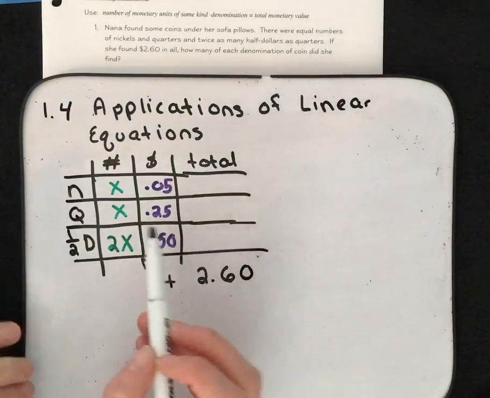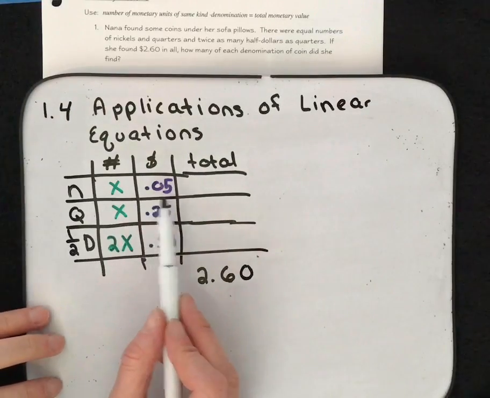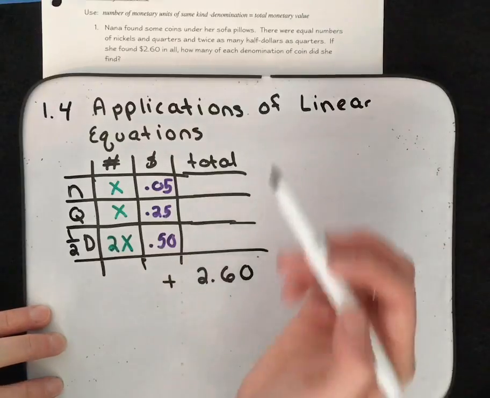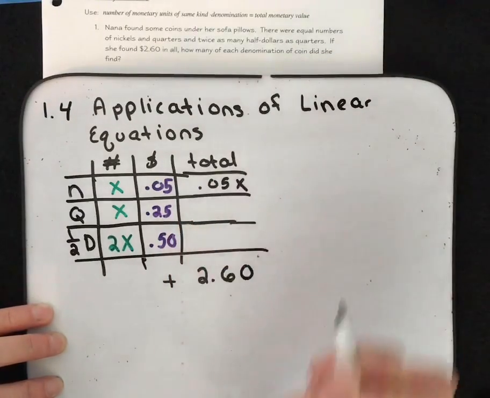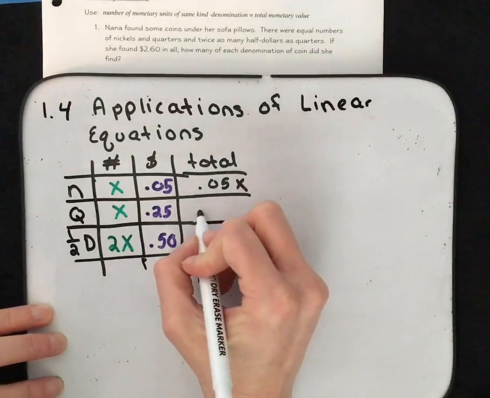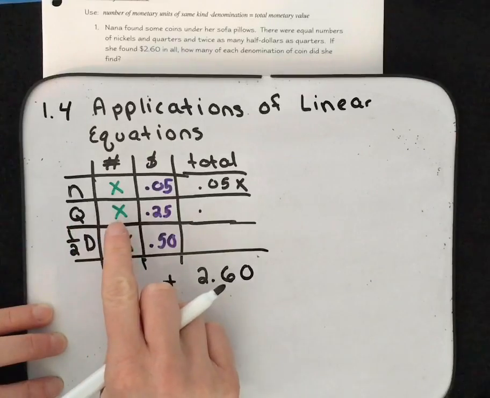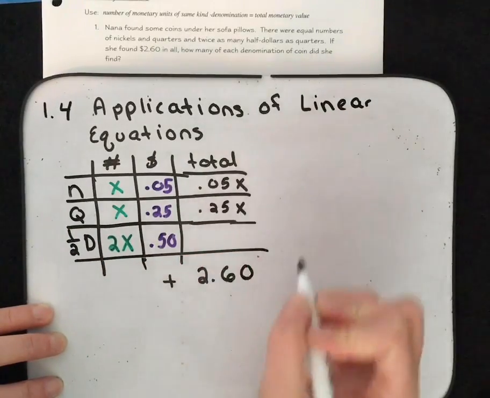Now we can figure out the total of each different coin. So for example, if I knew how many nickels I had, I would multiply it by 5 cents to figure out how much money I had there in total. So 0.05 times X will give us how much money we have in total from nickels. Same thing with quarters. 0.25 times X will tell us how much money we have for quarters.